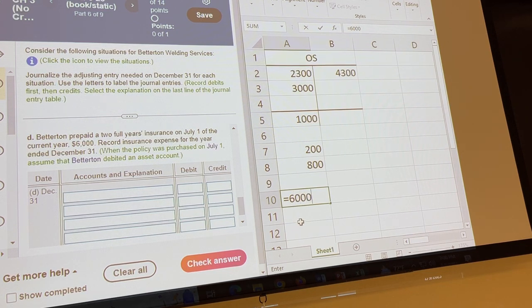Since that was prepaid, 6 months have gone by, and the policy was for a total of 24 months. So the part that's used up would be $1,500.